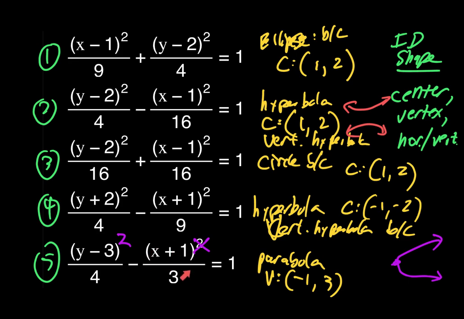What makes this 0? -1. What makes this 0? 3. And that would be my vertex of that parabola. I'll go ahead and erase this here because that's not true. Because the x was the squared value, that's what makes it a vertical parabola. Had the y been squared, it would be a horizontal parabola.